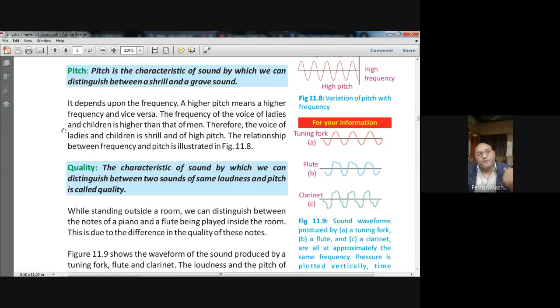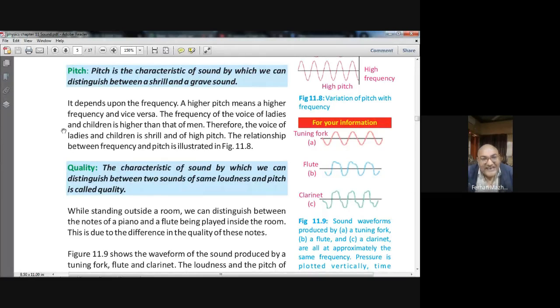And the pitch depends upon the frequency of the sound. If a sound has low pitch, it means low frequency, and it means grave sound, bhari awaaz.